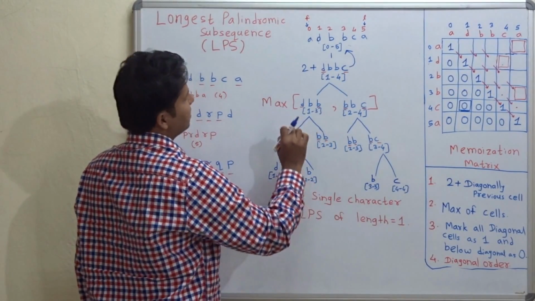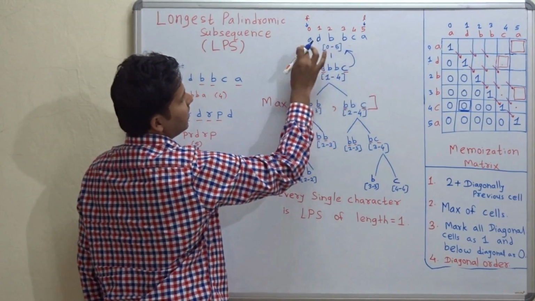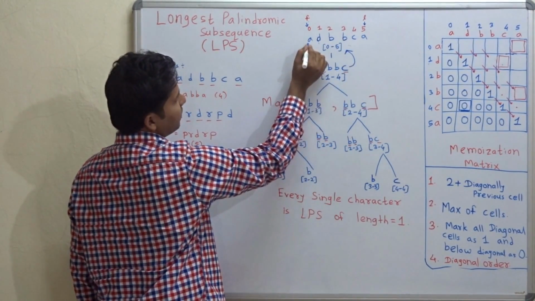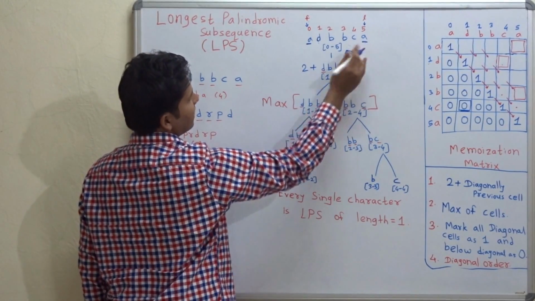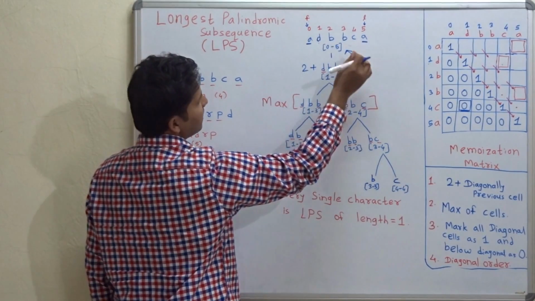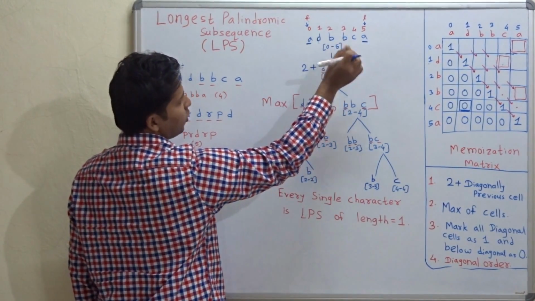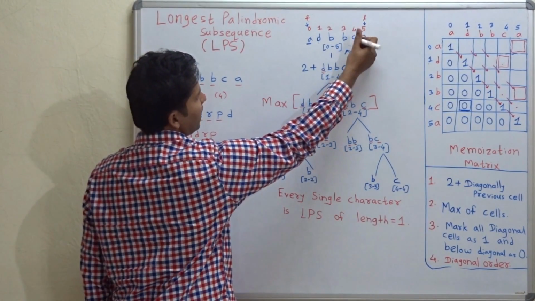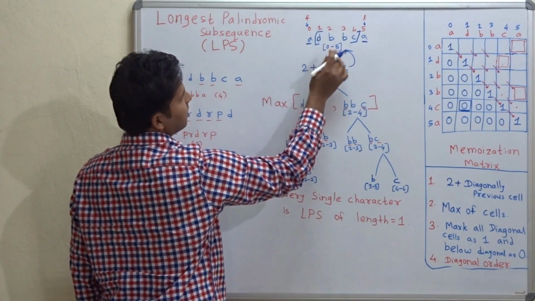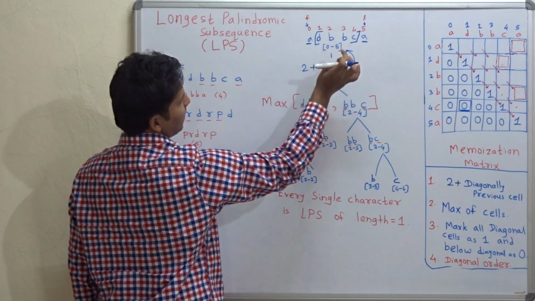So the first point, here you can see this string ADBBCA. In this string, the first and the last character match. Means we can increase the length of the LPS by 2, and the problem drills down to find out the LPS of this substring DBBC.